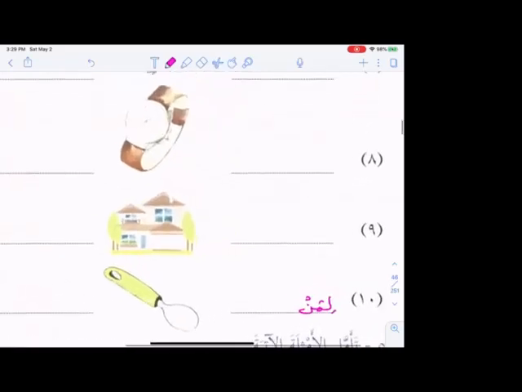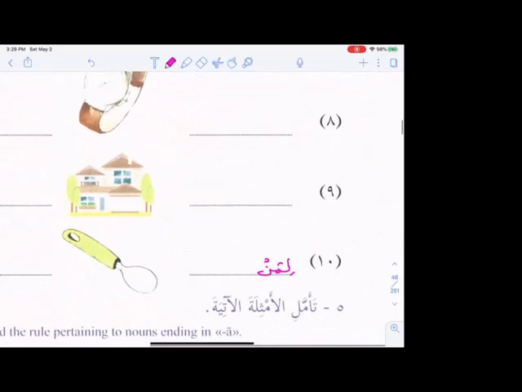Liman hazihil milakatu. To whom this spoon belongs to?